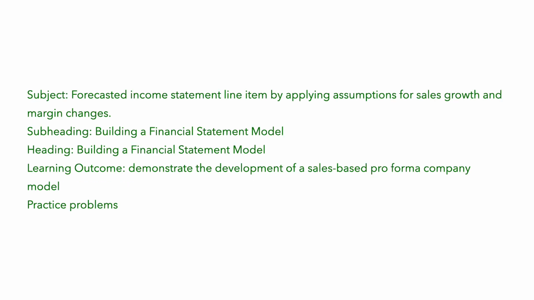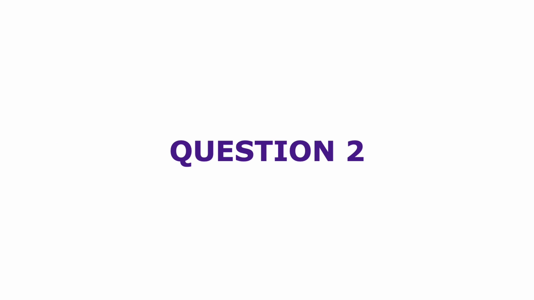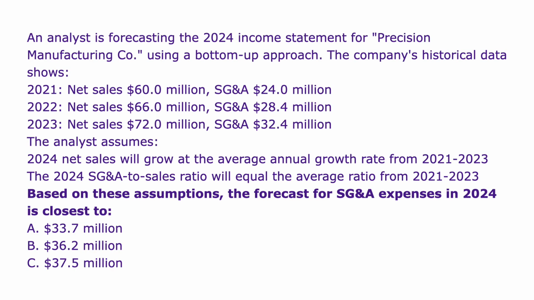Question 2. An analyst is forecasting the 2024 income statement for Precision Manufacturing Company using a bottom-up approach. The company's historical data shows 2021, net sales $60.0 million, SG&A $24.0 million. 2022, net sales $66.0 million, SG&A $28.4 million. 2023, net sales $72.0 million, SG&A $32.4 million.